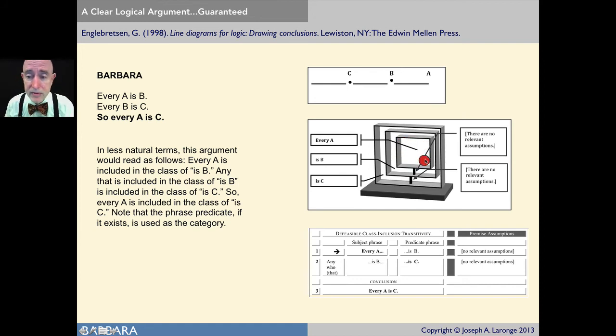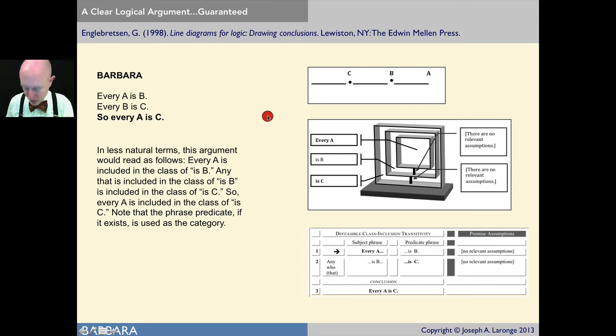So you have, in this area, every A, and within this larger one is every B, and within the larger square, this category is C. In this case, you don't need the defeasible here, just class inclusion transitivity. Since this one's inside this square and this square is inside this bigger one, then through transitivity, every A is C.